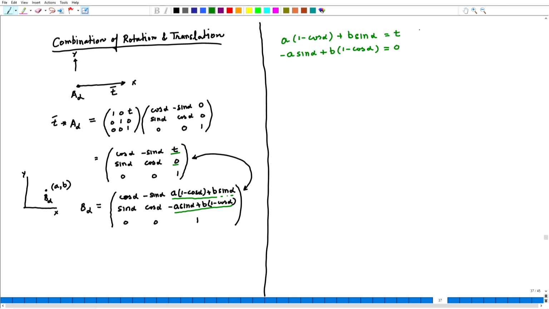Let us say this is my equation 1, this is equation 2.